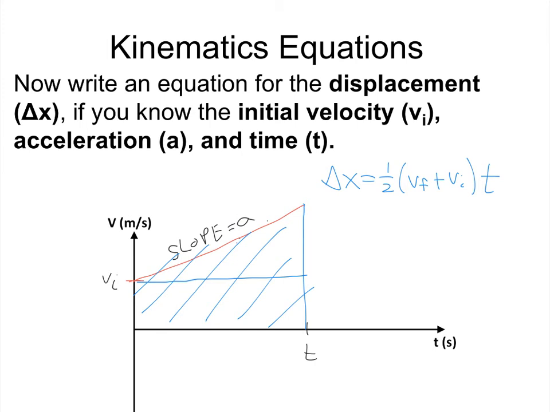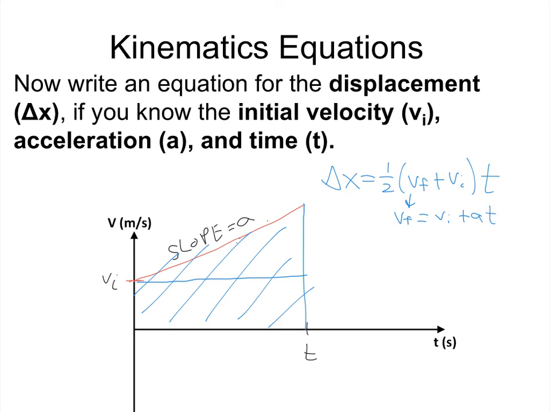Well, the problem is this includes this variable vf here, and we don't have vf. We're not given vf. All we're given is initial velocity, acceleration, and time. But we are in luck because we actually just did another derivation when we found vf, and we found that vf is equal to vi plus at.